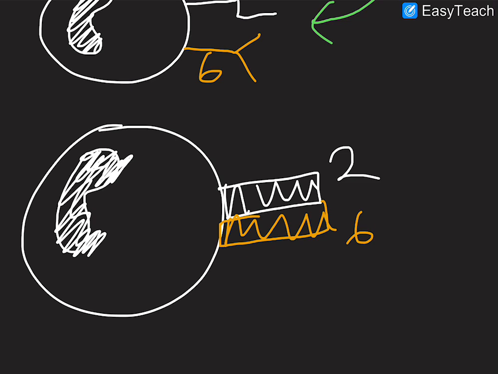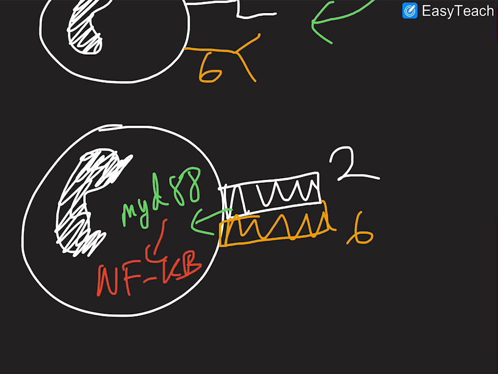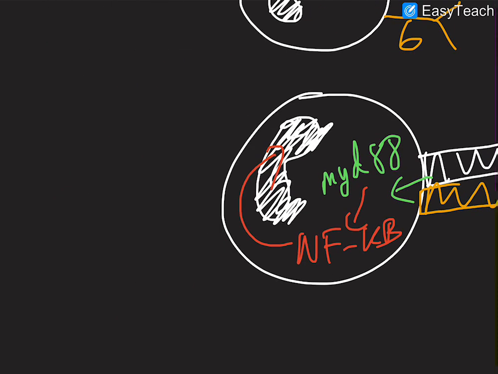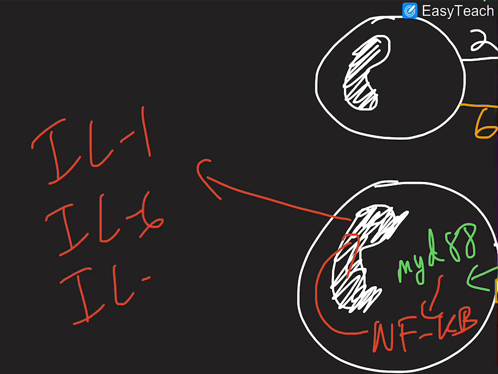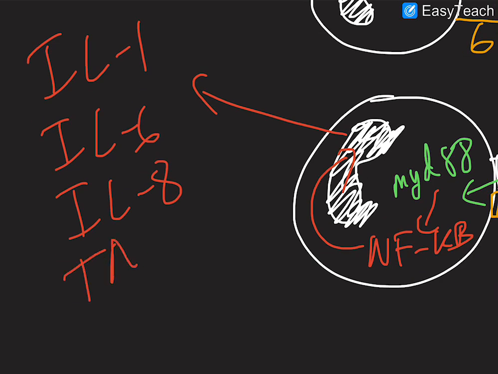Once activated, as we know from previous videos, we get the activation of an intracellular pathway, specifically MyD88. Then MyD88 will go and activate nuclear factor kappa B. Nuclear factor kappa B will go into the nucleus of the macrophage and induce gene expression, which will lead to the release of cytokines, like interleukin 1, interleukin 6, interleukin 8, and tumor necrosis factor alpha.